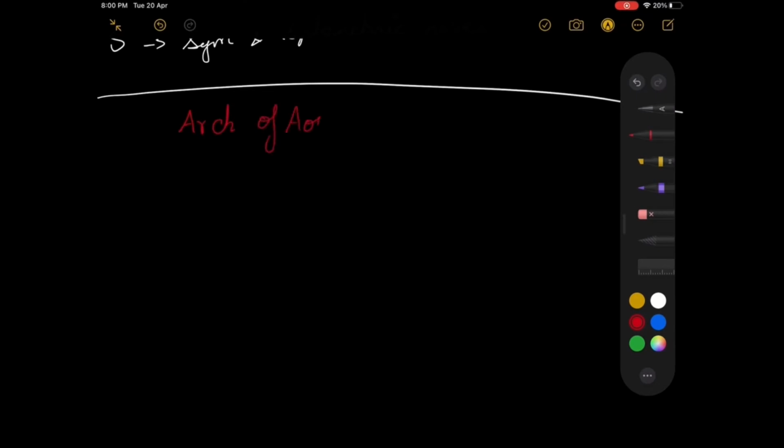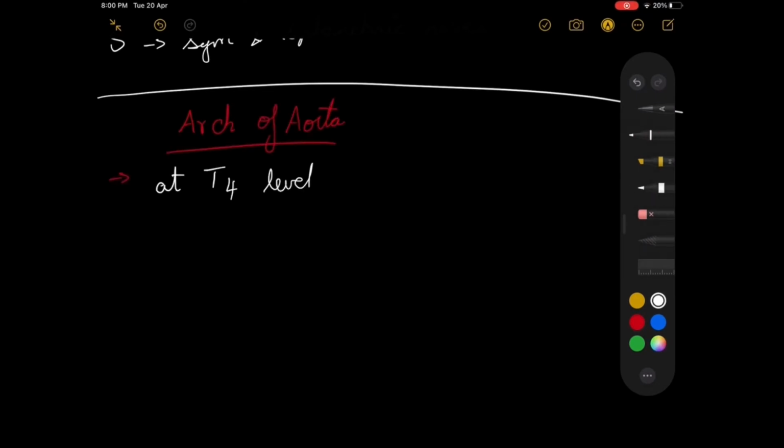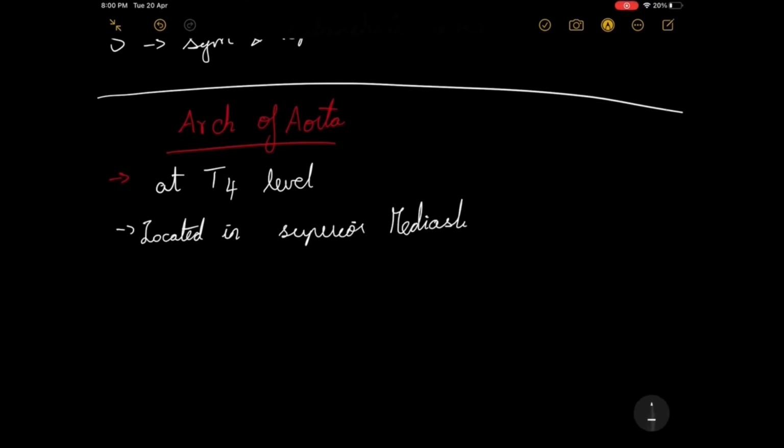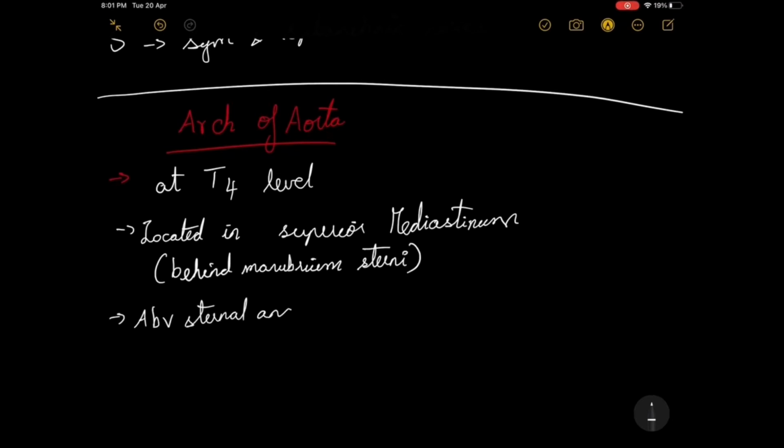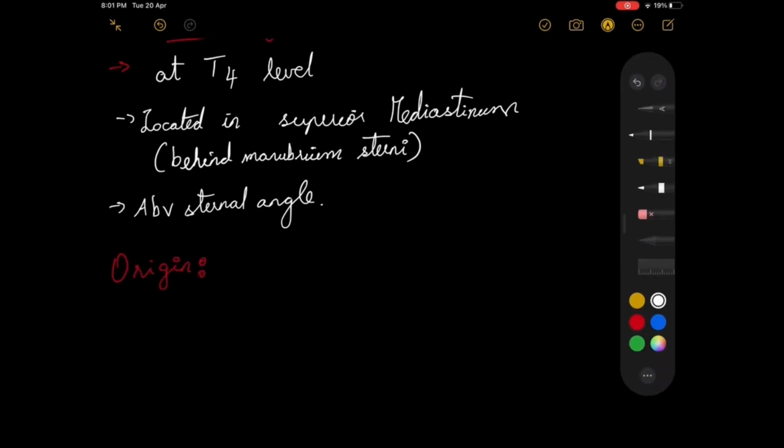At the T4 level, the arch of aorta is present. Located in the superior mediastinum, behind the manubrium sterni, above the sternal angle. And now moving on to the origin. It is the upward continuation of the ascending aorta.